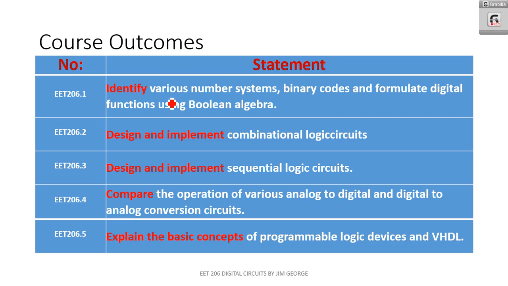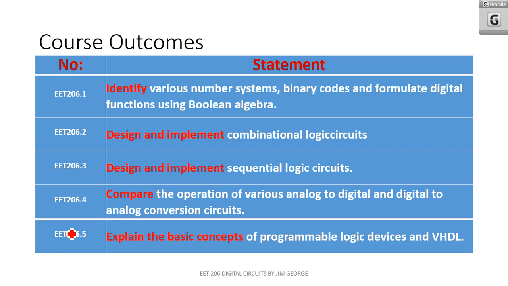From the first module, you should identify what a number system is, what binary code is, and formulate digital functions using Boolean algebra. The second outcome is to design and implement combinational logic circuits. The third outcome is to design and implement sequential logic circuits.